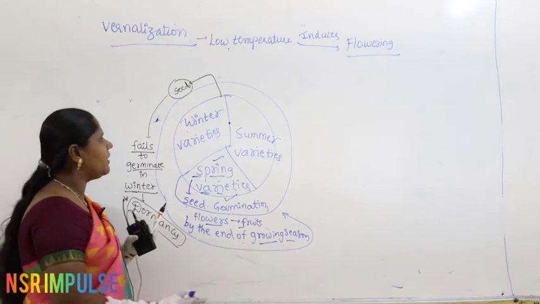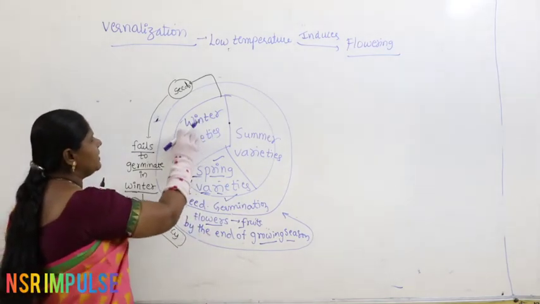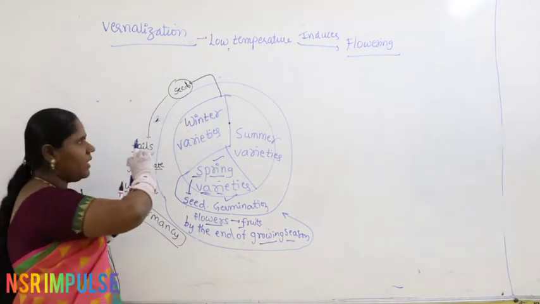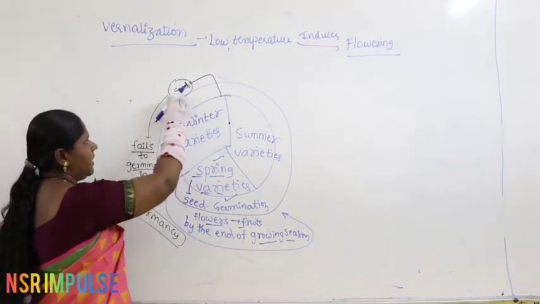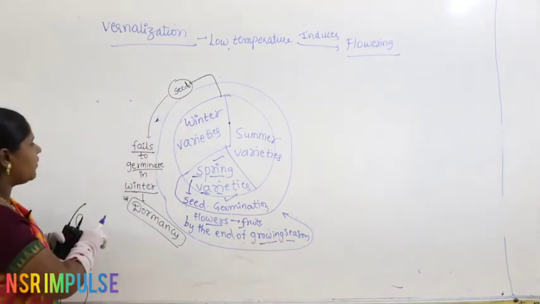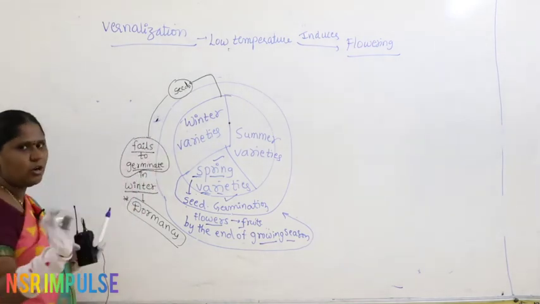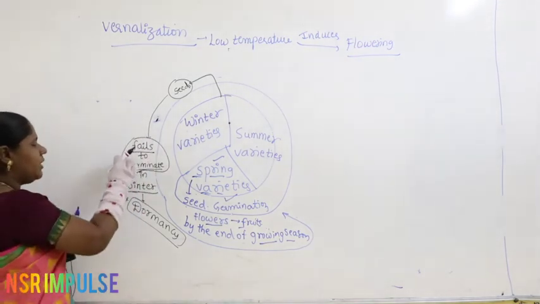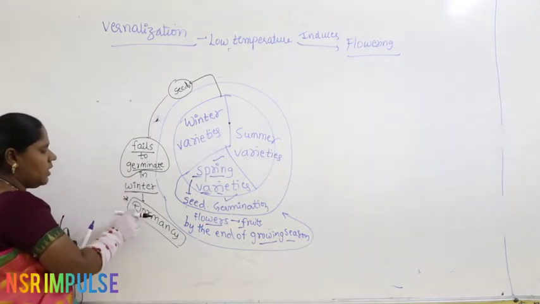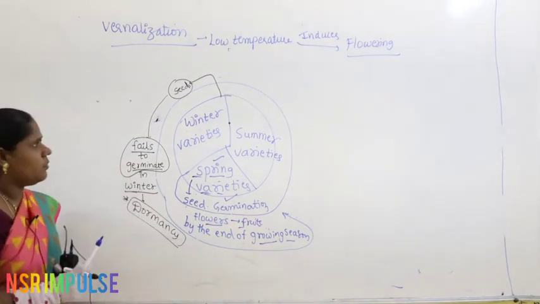No. What happens in a winter variety? The seeds are placed here, but the seeds fail to germinate in winter season. Why? Because they remain in dormancy.